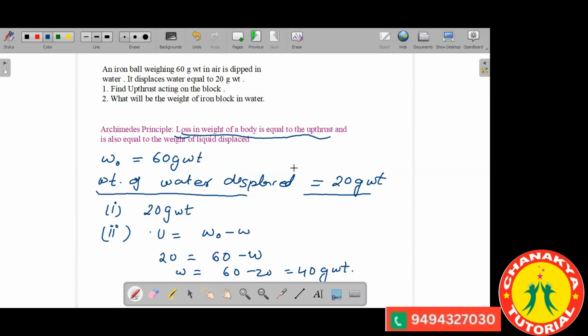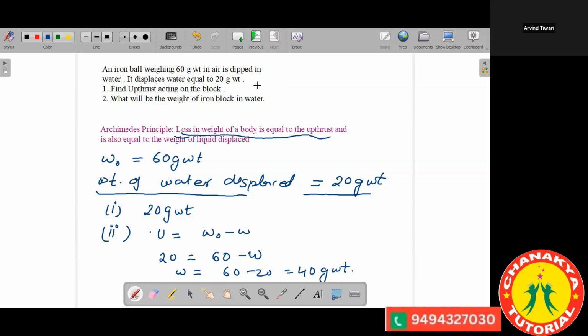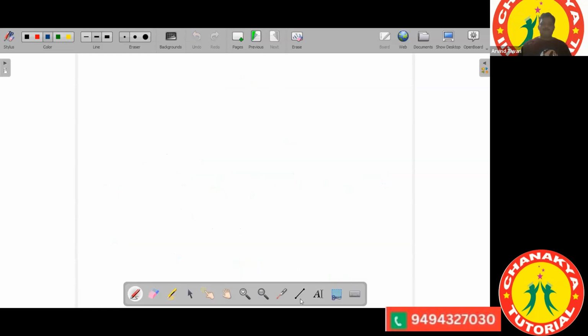Okay. So now we will see one more problem. Just one more problem. And I think you will be able to get this. Okay. So here we have an iron ball, and a wooden block.